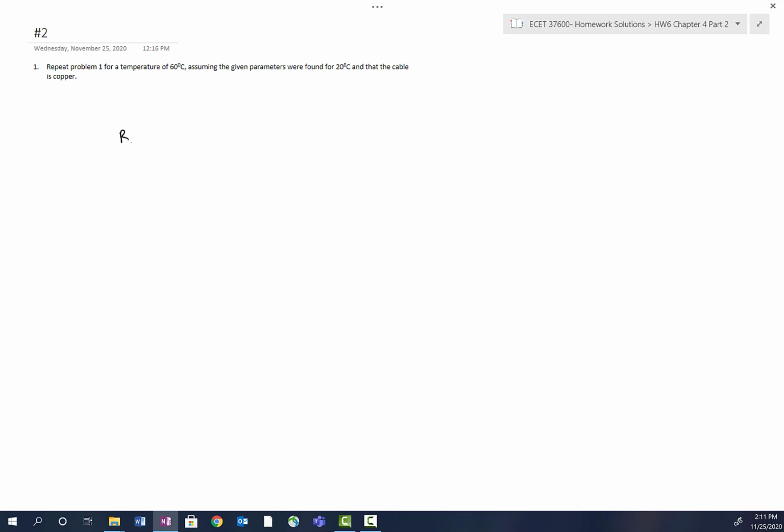That is, the new resistance at the new temperature is equal to the resistance at the initial temperature times 1 plus alpha times the temperature difference, which is calculated as the new temperature of the transmission line minus the old temperature of the transmission line. And so this will calculate, we can just throw R prime on there, it works for distributed parameters as well.